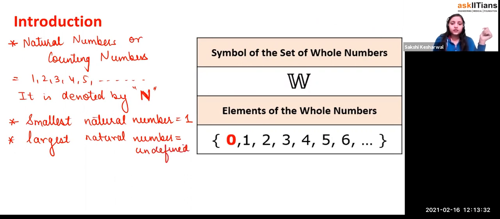Now, this we have learned already. Now coming to what a whole number is. A whole number is a set. What is a whole number?